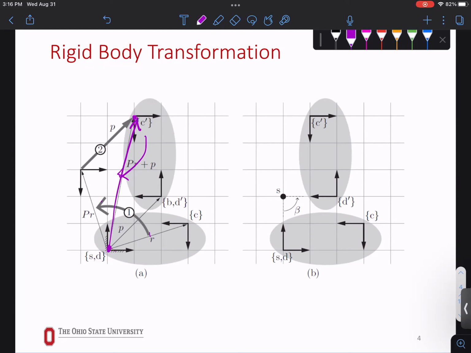So you see that it doesn't matter if you rotate first and translate later, or if you translate and rotate. When you're dealing with orthogonal systems, it is commutative. You can rotate, translate, or translate, rotate. The final answer should be the same. So you don't have to worry about which one do I do first. You should be able to identify which one is happening.